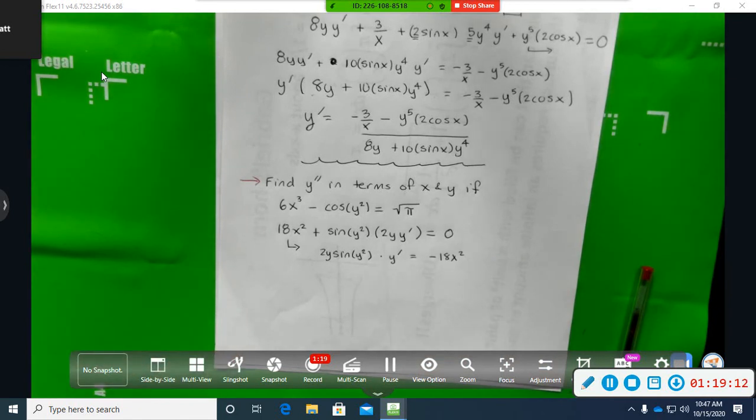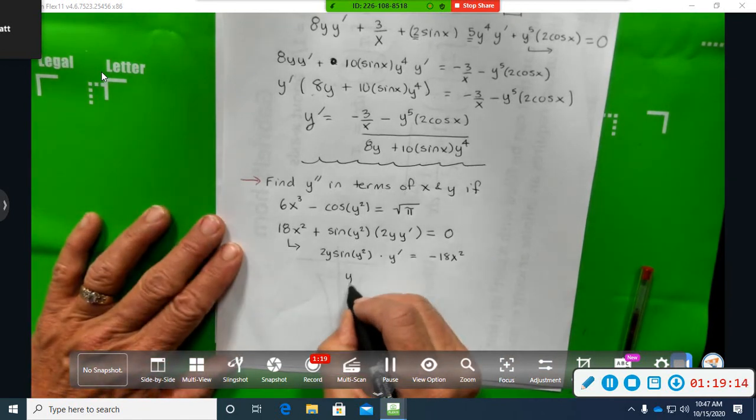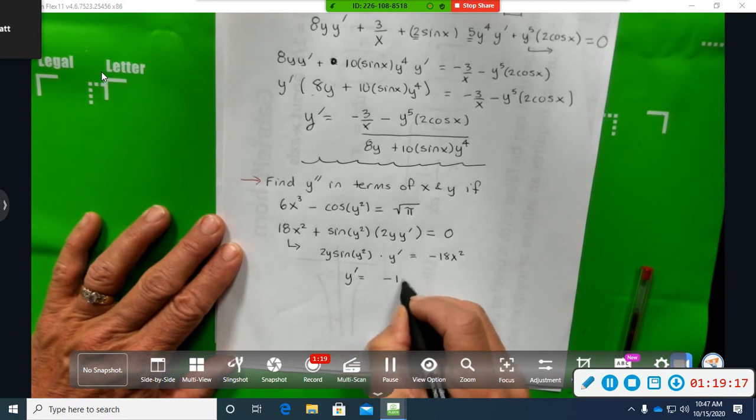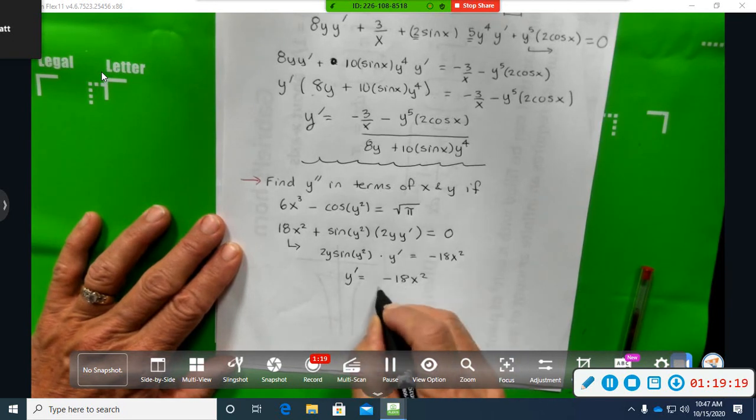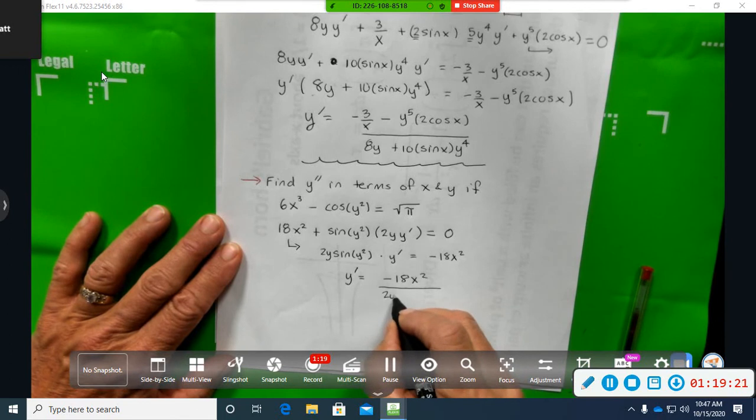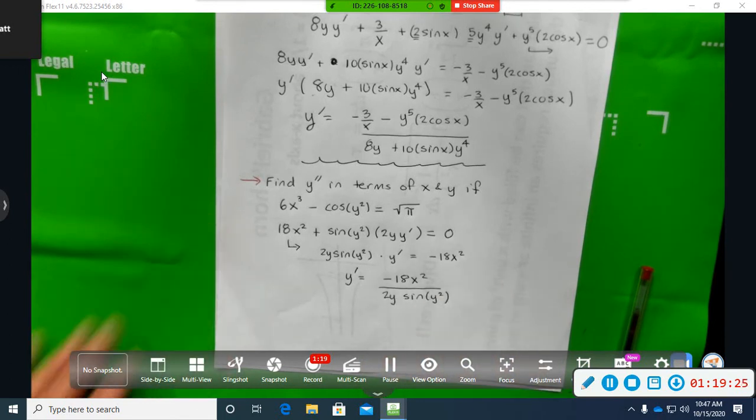Then we divide by the 2y sine of y squared, so y prime is negative 18x squared over 2y sine of y squared. Did anybody reduce that and make that a negative 9 and cancel the 2? Or did you leave it there? Or did you even get that? You did not reduce it?